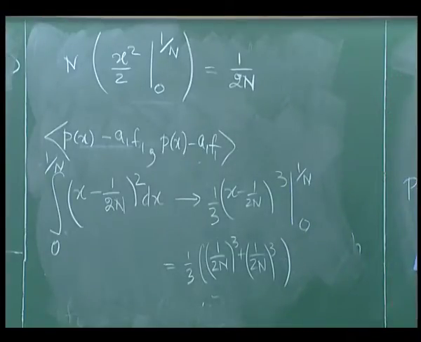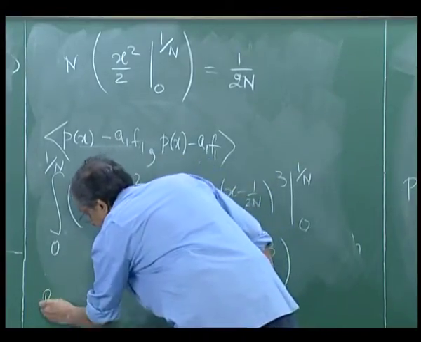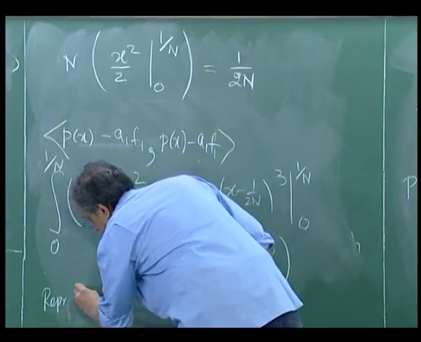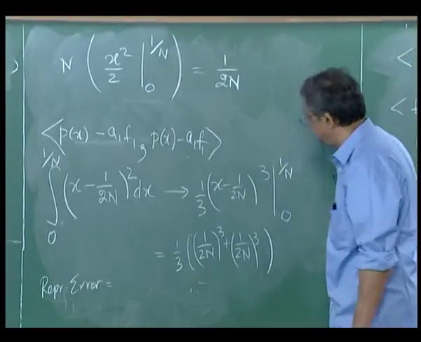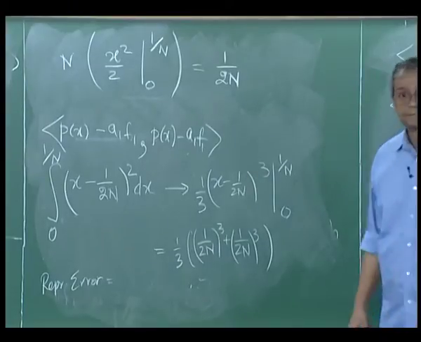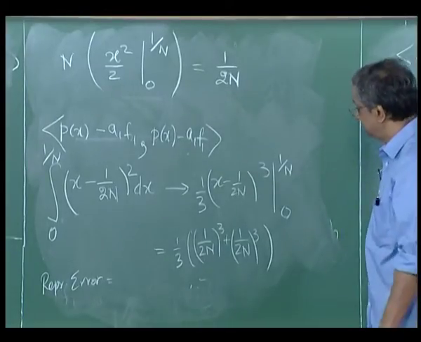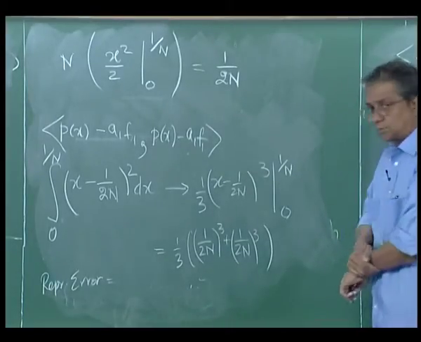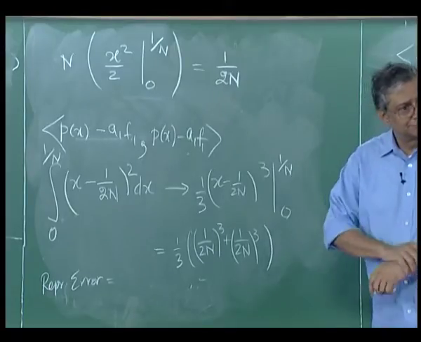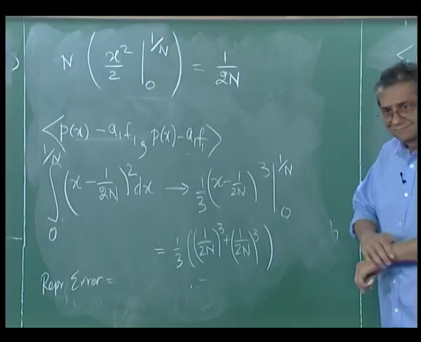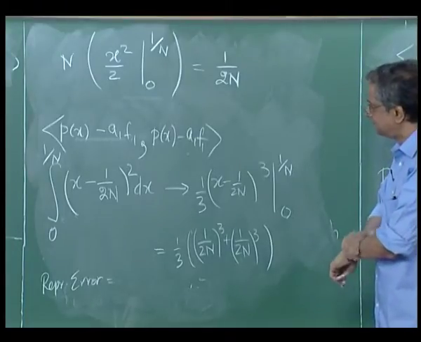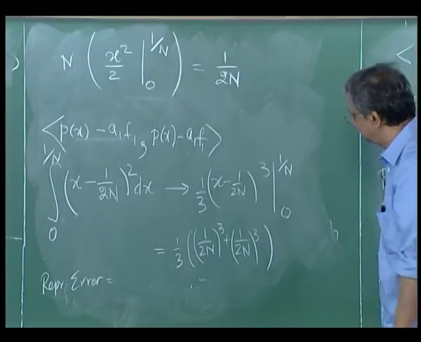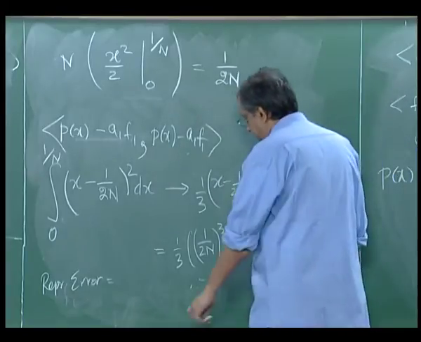So over the whole interval I will have n of these. The total representation error, I will just say representation error, is, do I take the square root first? So there are n of these, what do I get?